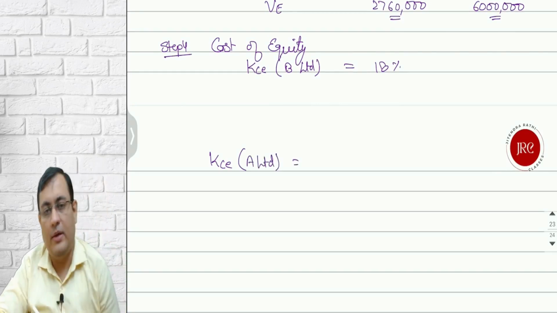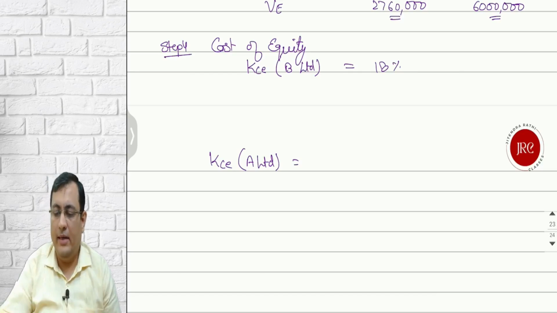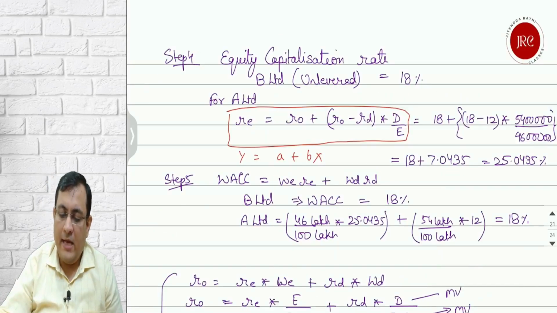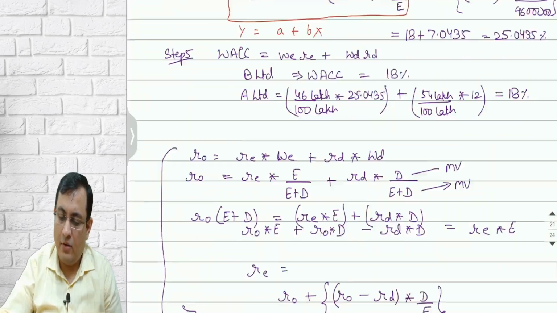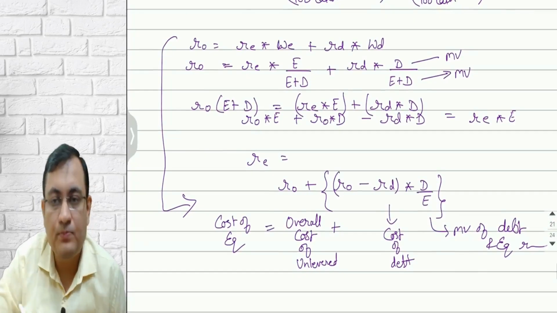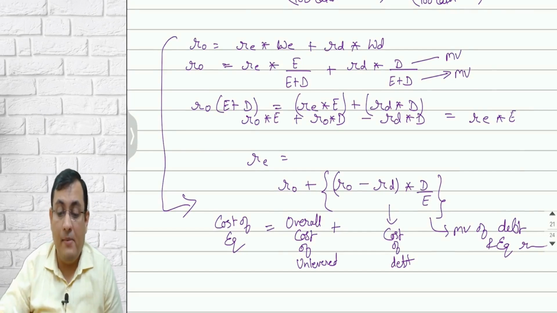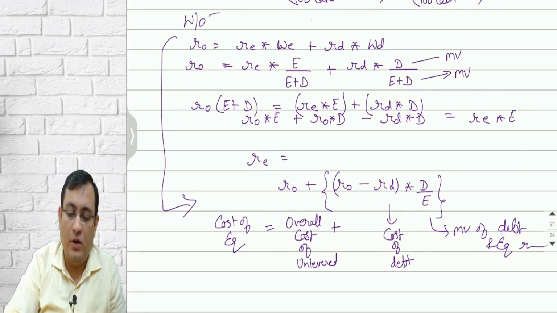Now we need a formula. As we have derived some formula, I think, for cost of equity here. Yes, for MM without taxes. This is for without tax.